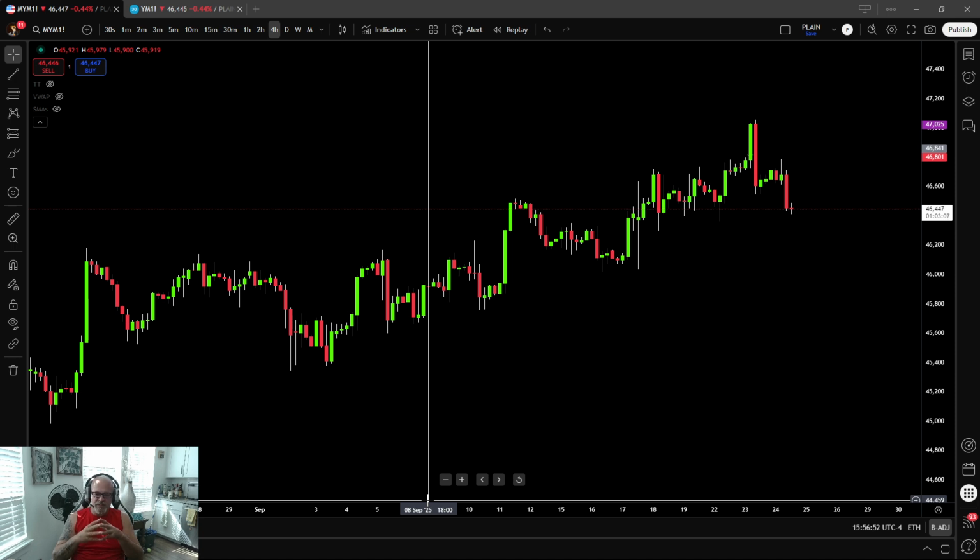What is dealing range theory? It is an ICT concept that puts a grid on a manipulation move that changes structure. Okay, that is basically the definition I have for it.